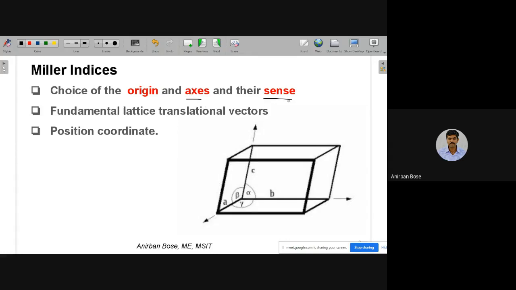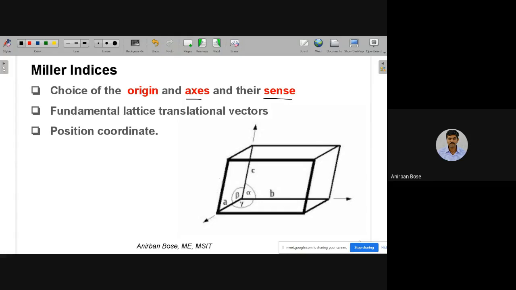These are arbitrarily chosen. So you can select any axis to be A, any axis to be B, any axis to be C, and you can choose any point as the origin. That is completely your selection. There are no bindings when you are trying to define Miller indices. This is the first point that you have to remember.